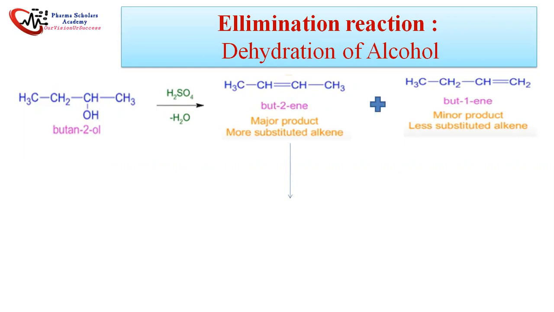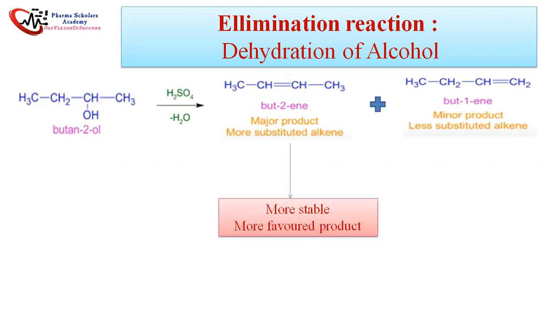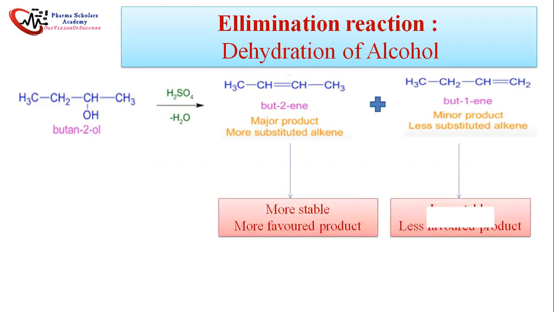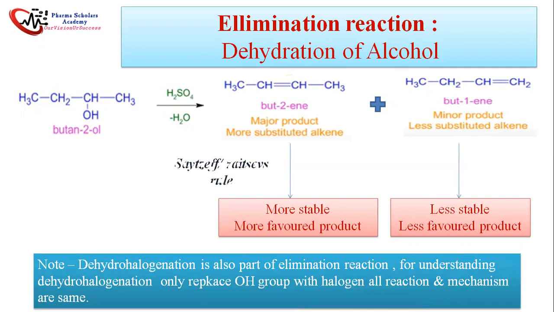The major product is also called the more stable and more favored product, and the minor product, which is the less substituted product, is called less stable and less favored. So you can see that major is more and minor is less. The most stable and major product is the Saytzeff product, and the minor product is the Hofmann elimination product.